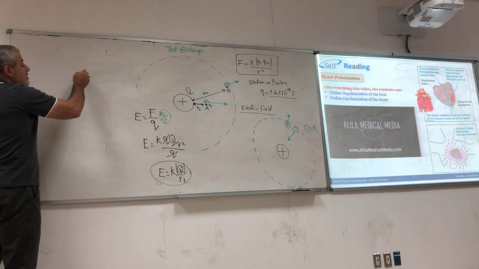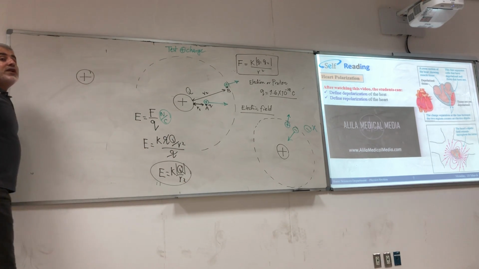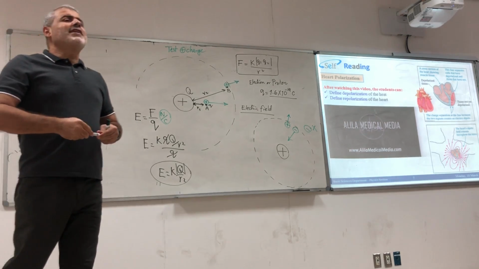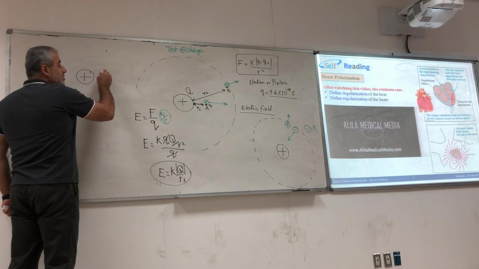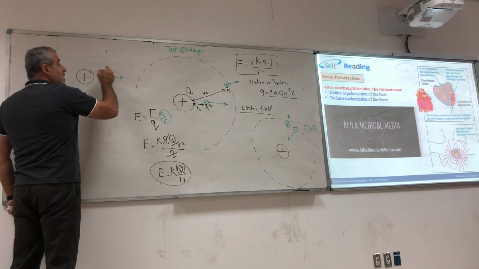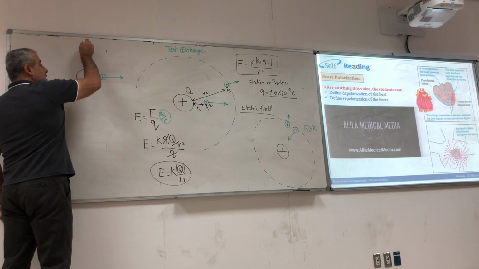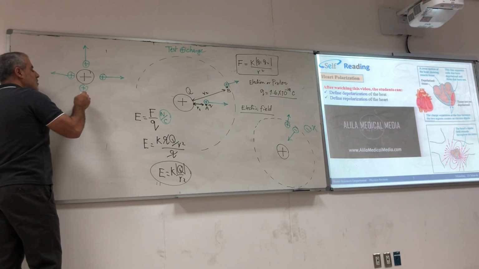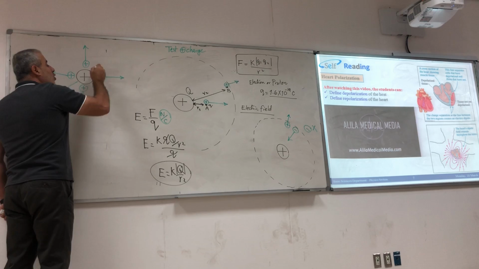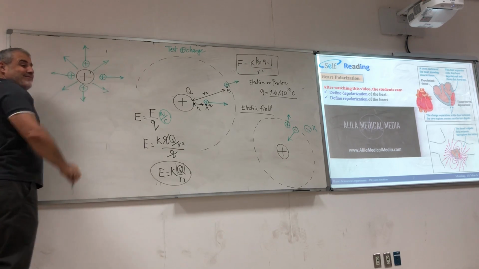Now, if we have a positive charge, we want to know the electric field direction. We just put a positive charge beside it, and it will go like this. So all the lines of electric field look like they are going outward from the positive charge.